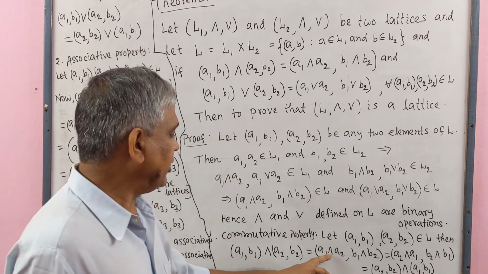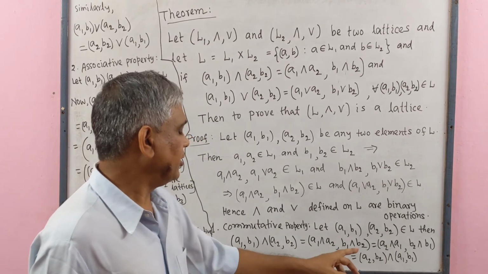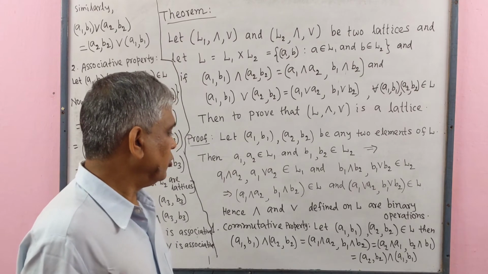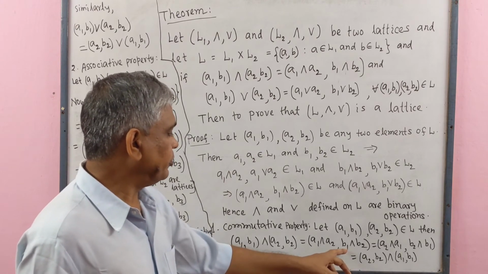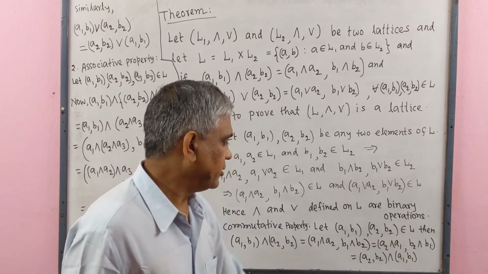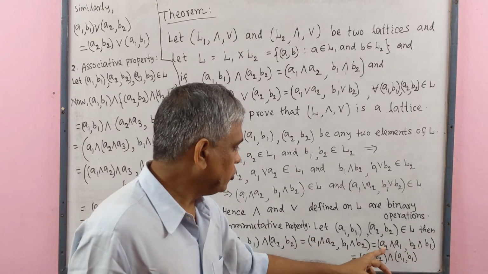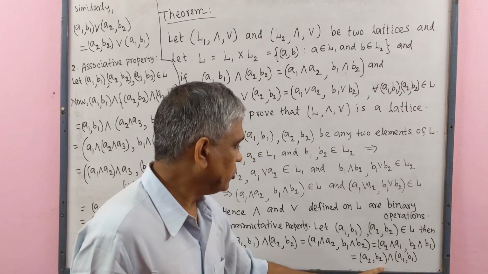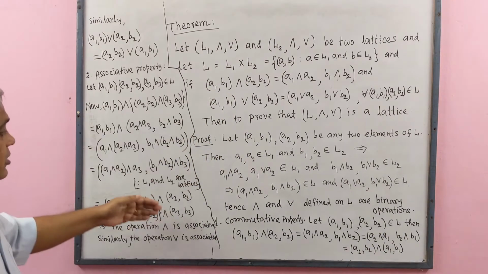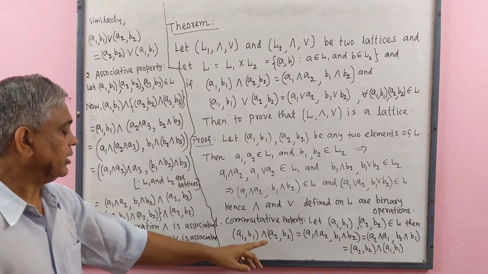That means A1 meet A2 equal to A2 meet A1. Similarly, L2 is a lattice, it also obeys the commutative property, so B1 meet B2 equal to B2 meet B1. We may write this as (A2, B2) meet (A1, B1). This is the commutative property for meet in L.